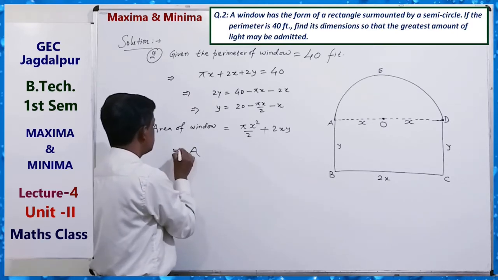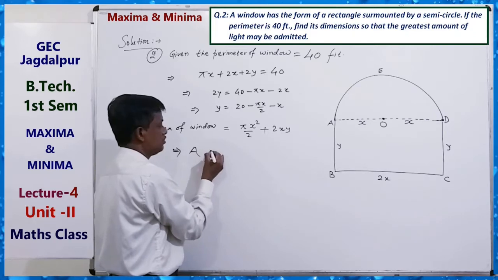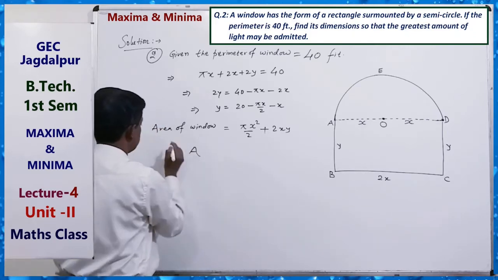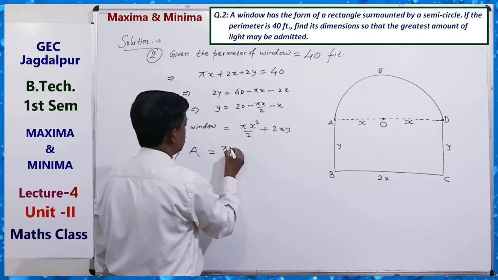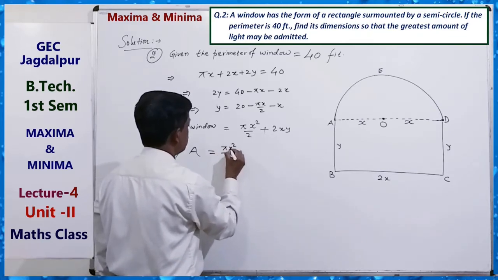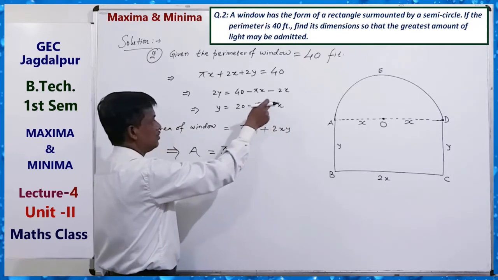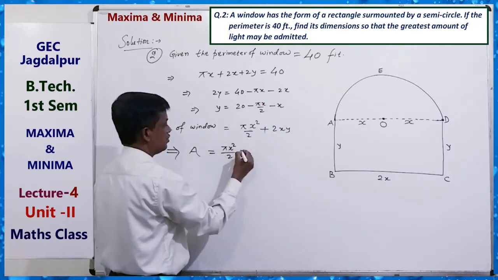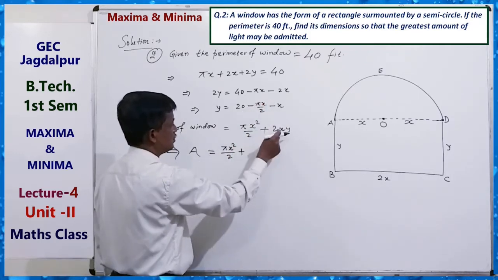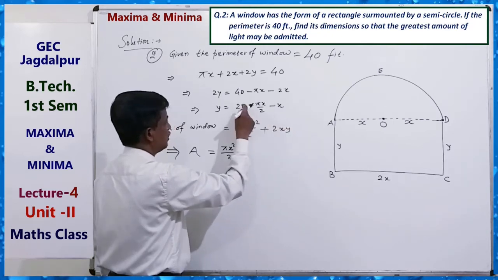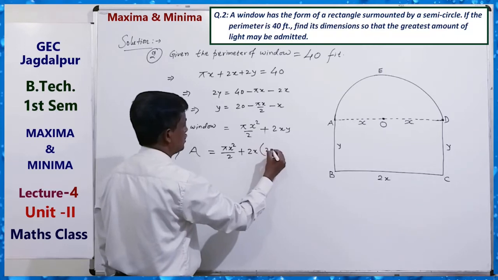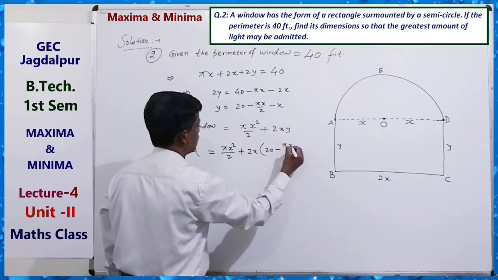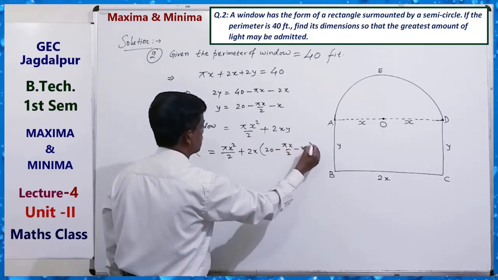Suppose area is denoted by A. Then area equals pi x square by 2 plus 2x y. Just convert y in terms of x. In place of y, we put 20 minus pi x by 2 minus x.